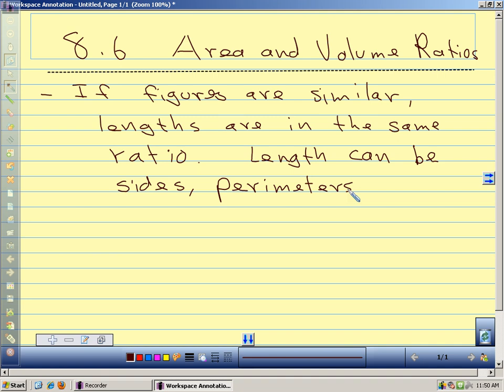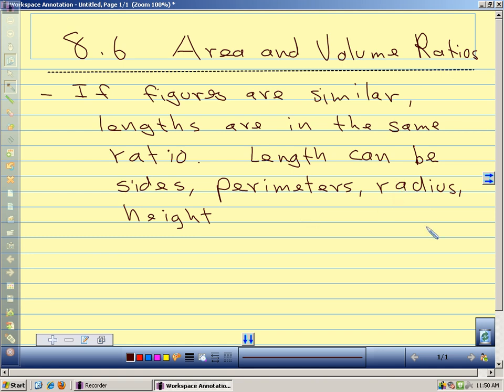Anything that's a length, a perimeter, a radius, a height, is going to have the same ratio between similar figures. So if we have similar figures, their lengths are always in the same ratio, as long as we're comparing lengths on two similar figures.